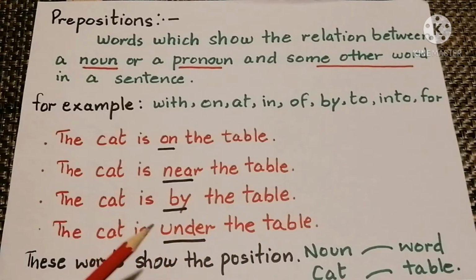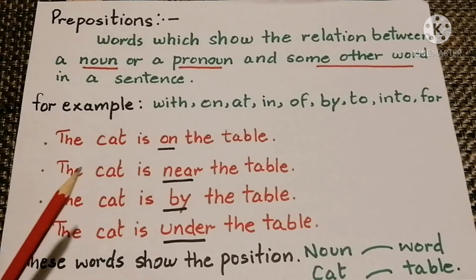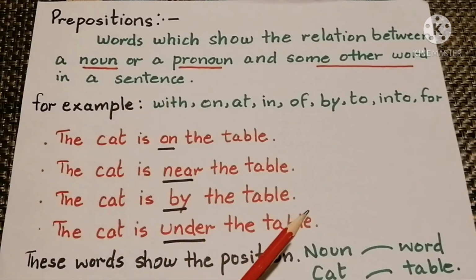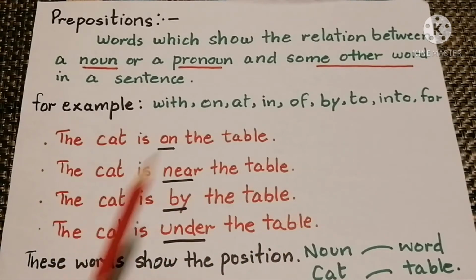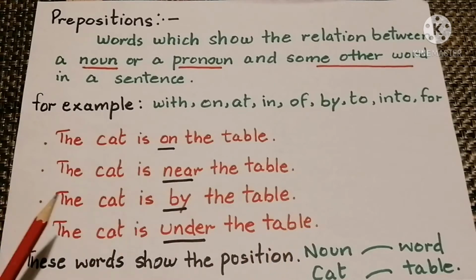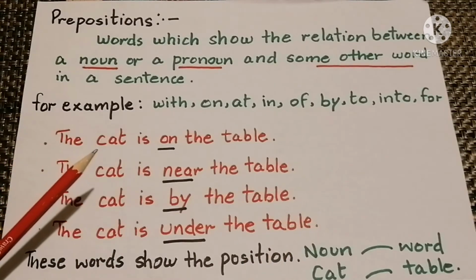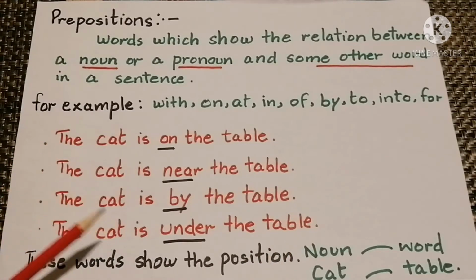They are showing the relationship between the noun and the other word, the cat and table. Where is the cat? The cat might be on the table, near the table, by the table, or under the table. So these words show the position.